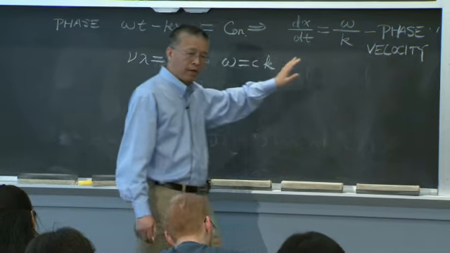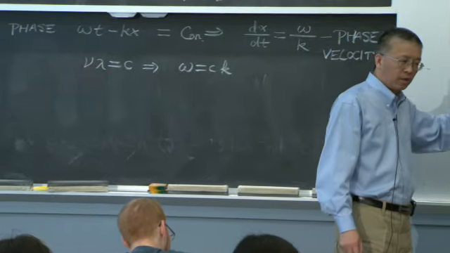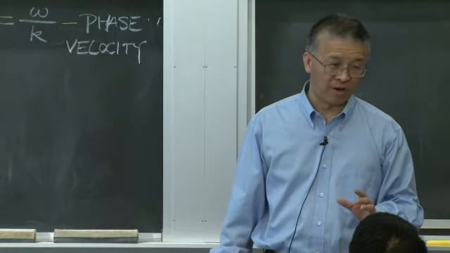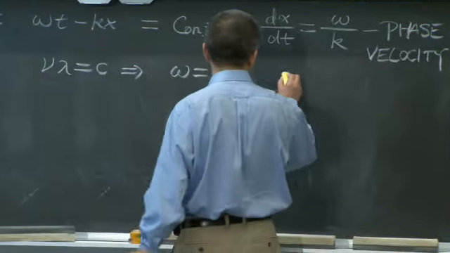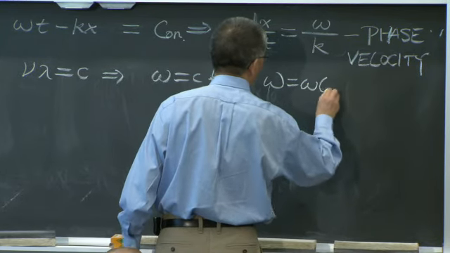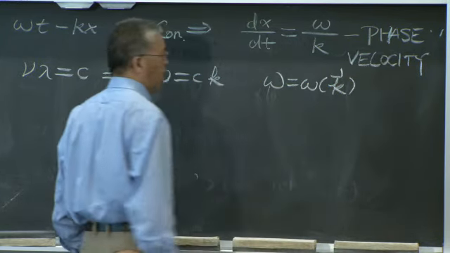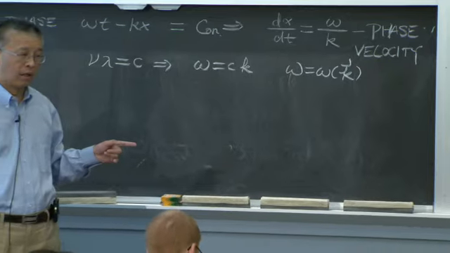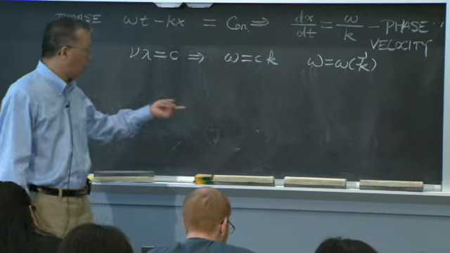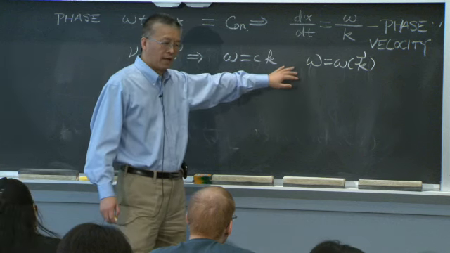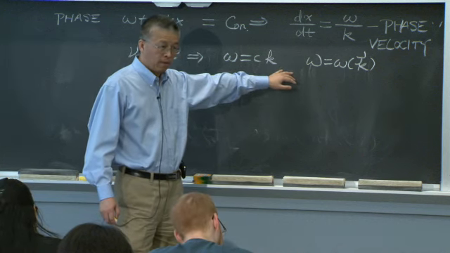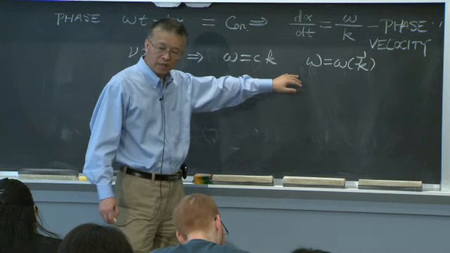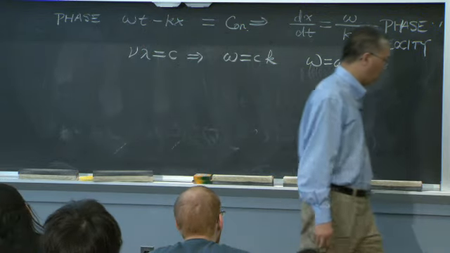But more generally, as you will see very soon, omega and k in general could have a very complicated relation as a function of the wave vector. What that means is that in different directions, the wavelengths and frequencies have very complex relations. This is particularly true when we go to solids, photons, and electrons.